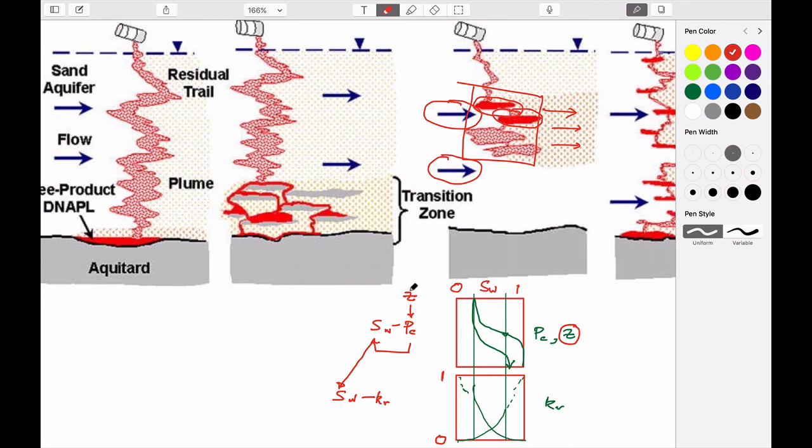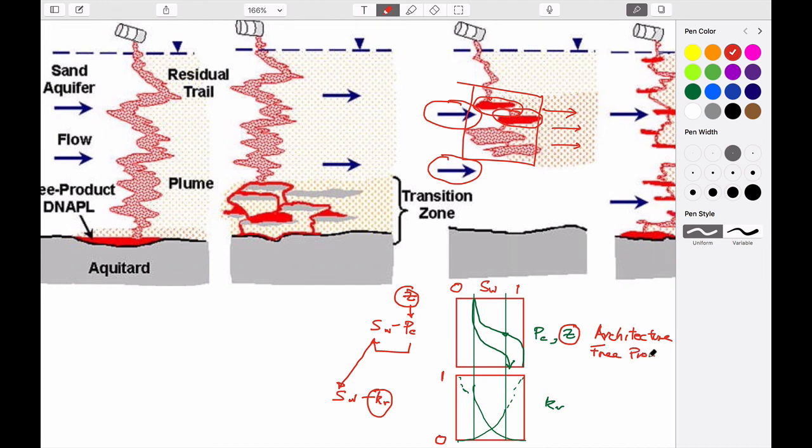So that means that we can also link elevations to permeabilities as well, because permeability is a function of saturation, and saturation is a function of elevation. And so these two behaviors that we have allow us to do a couple of things, right? We know that this defines the architecture, for want of a better word, of the free product.